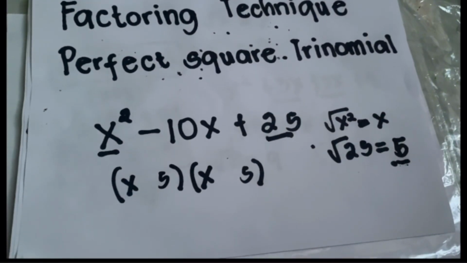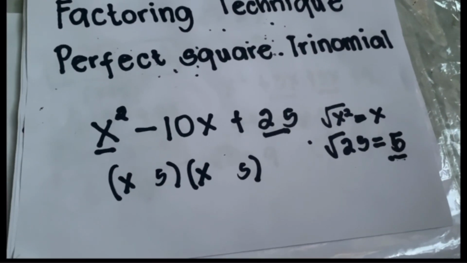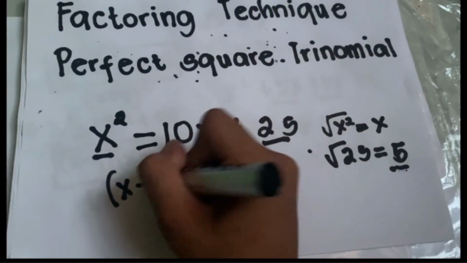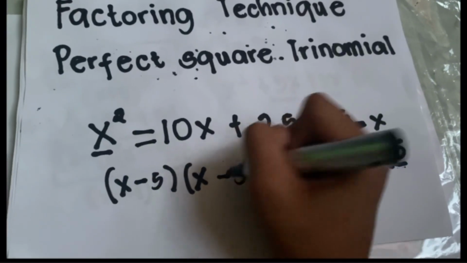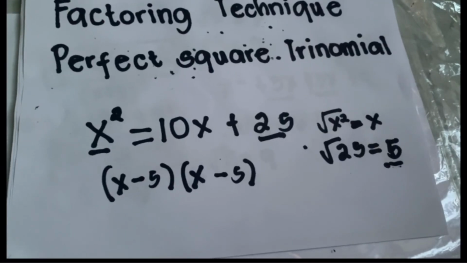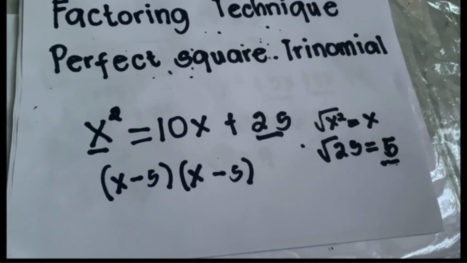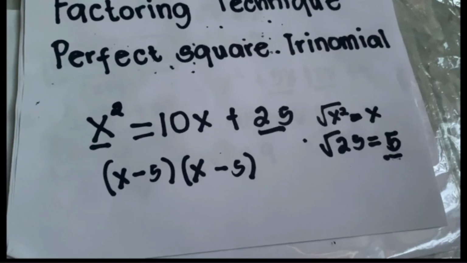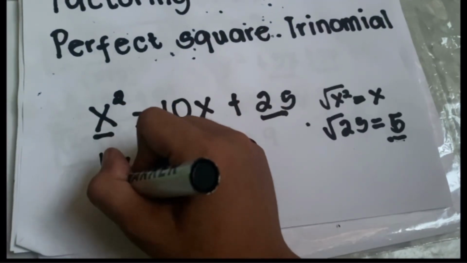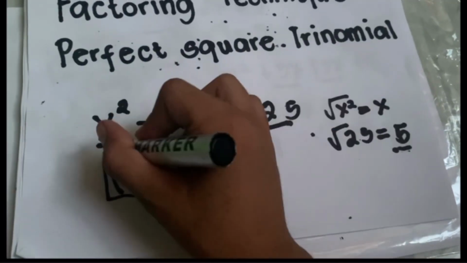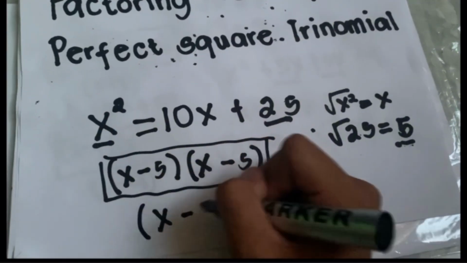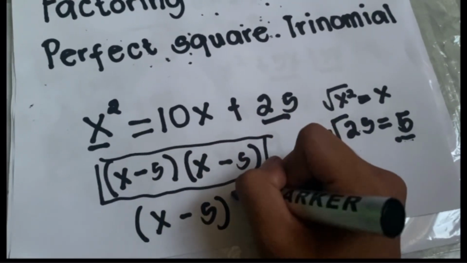To finalize our answer, we copy the sign of the middle term, which is negative. So negative and negative. This is the factor of our main problem: x minus 5 times x minus 5, or in short, we can factor it like x minus 5 squared.